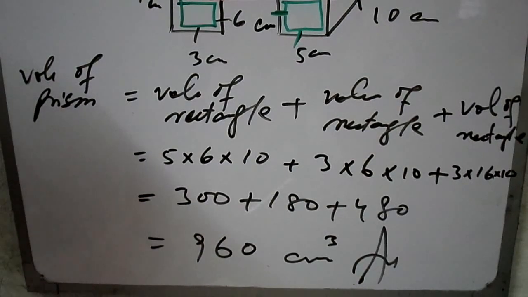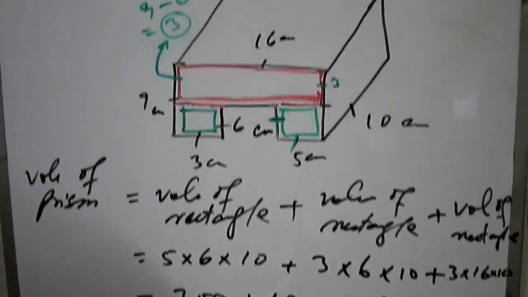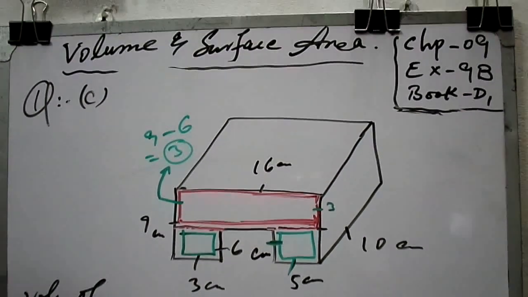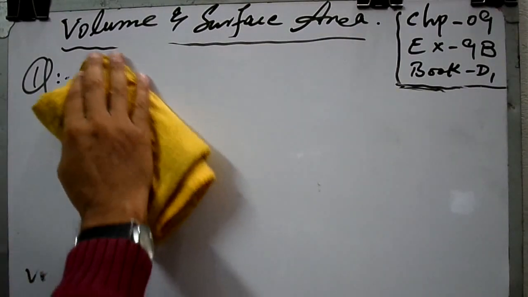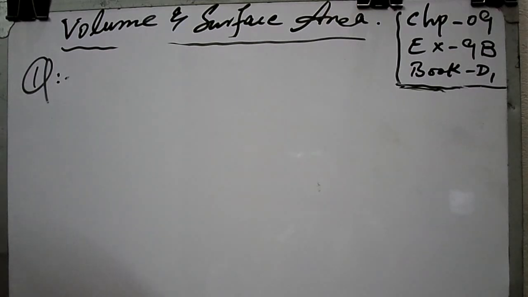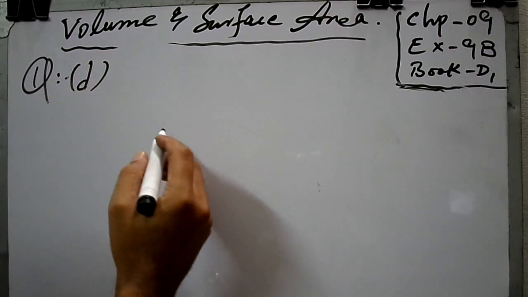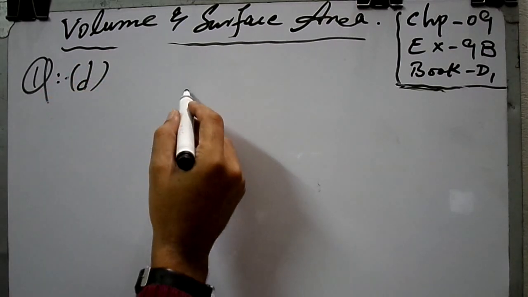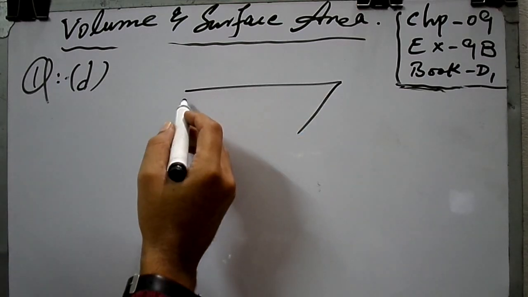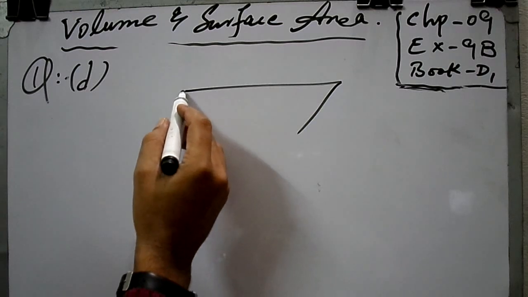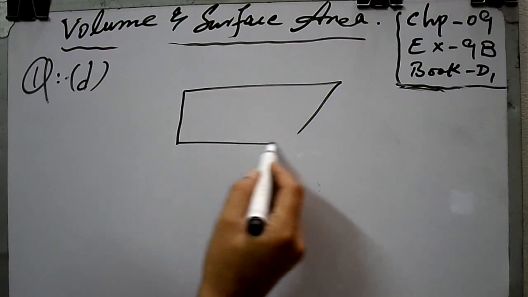So coming to the next part, another shape is given to you in your textbook. That is your D part. In D part the figure is like this. Another figure is like this.